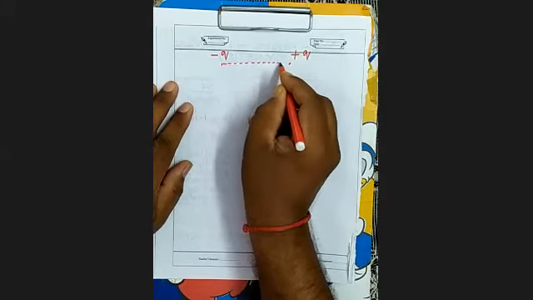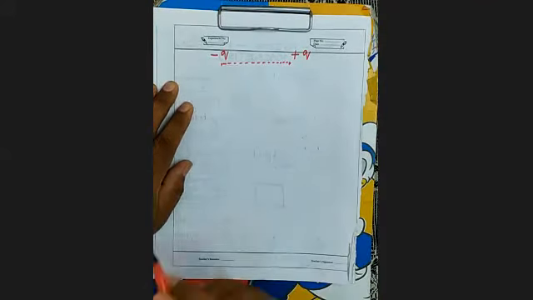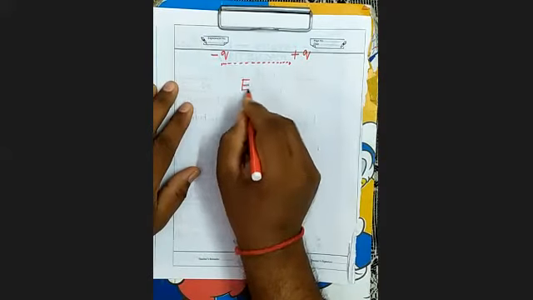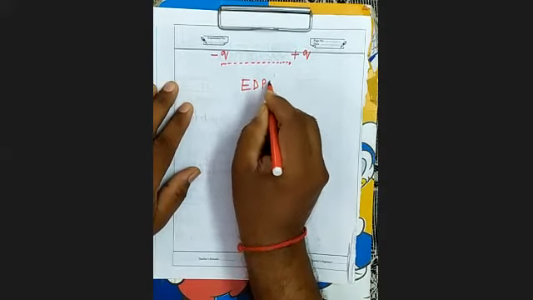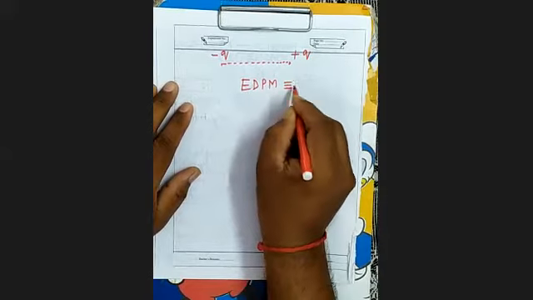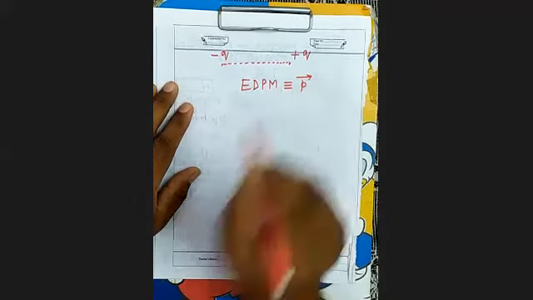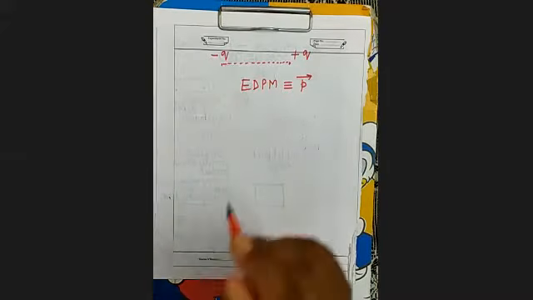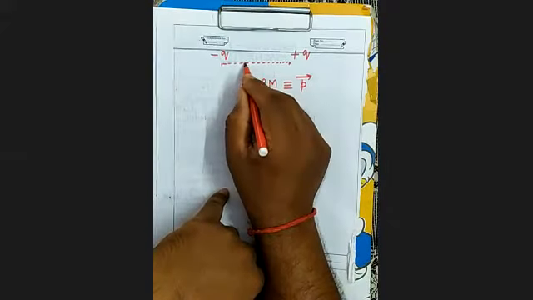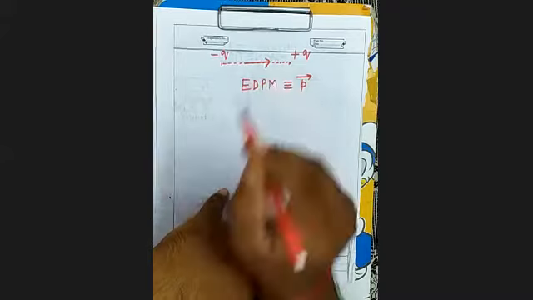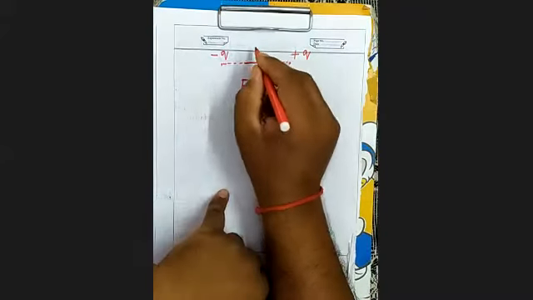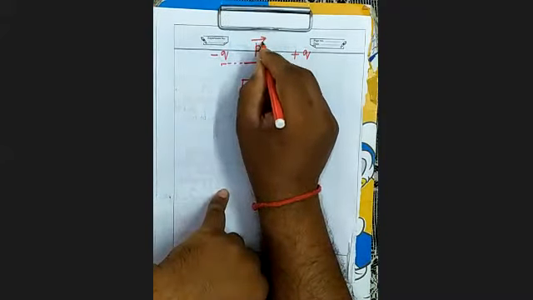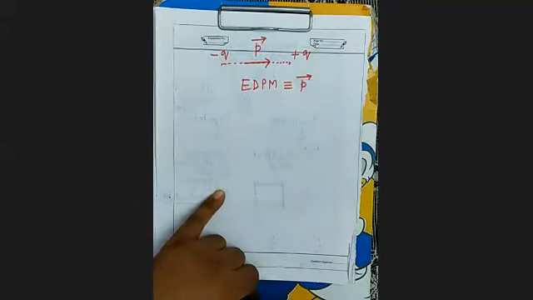Its strength is expressed by the electric dipole moment, which is a vector quantity represented by symbol P. It is directed from the negative charge to the positive charge. This is the direction of the electric dipole moment.